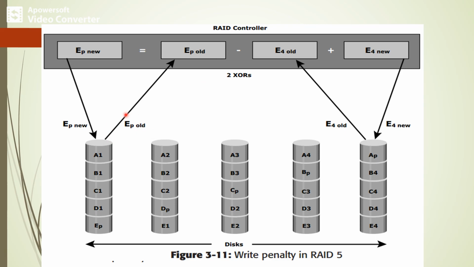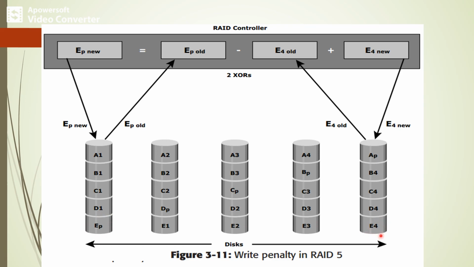After reading them, it needs to compute the new parity value by considering the equation EP old minus E4 old plus E4 new. After computing the new parity, the RAID controller needs to write the information, that is, it needs to update EP new as well as E4.